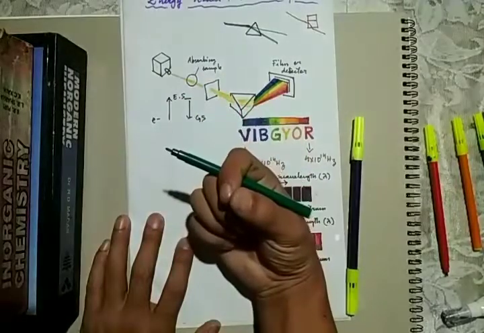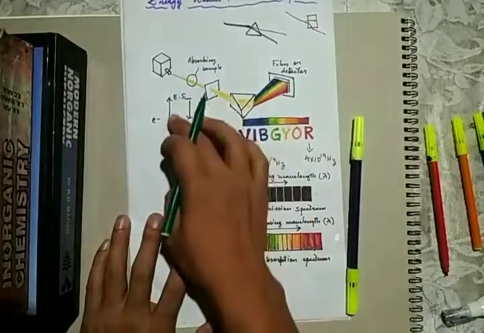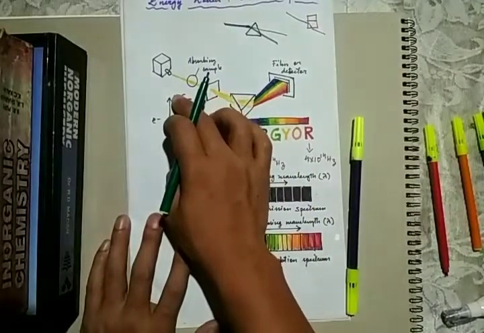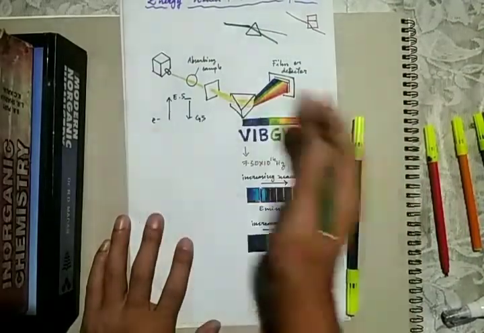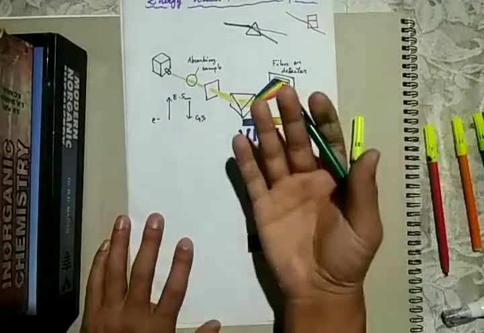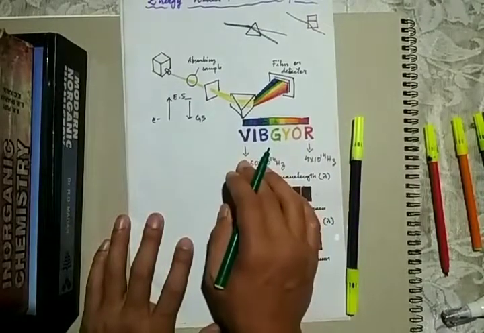After absorbing electromagnetic radiation, they get excited, and then they come back to the ground state, giving off energy, or radiation.